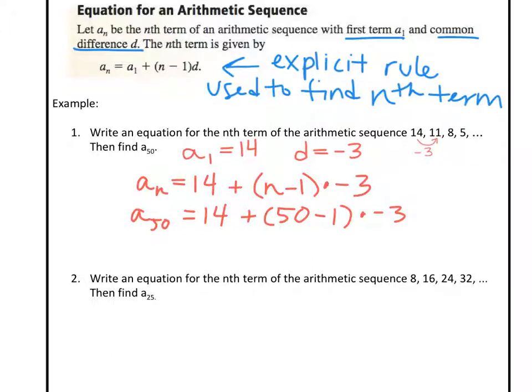Because if you do it 49 more times, you get to the 50th term. That's what it says. So what you're actually going to solve, if you want to simplify this, is 14 plus 49 times -3.